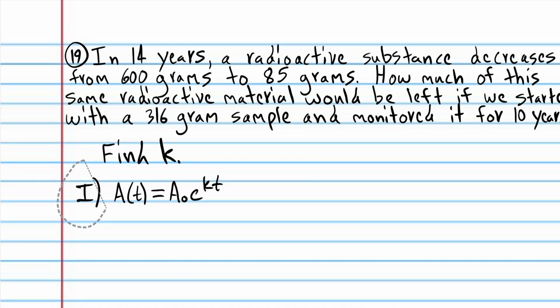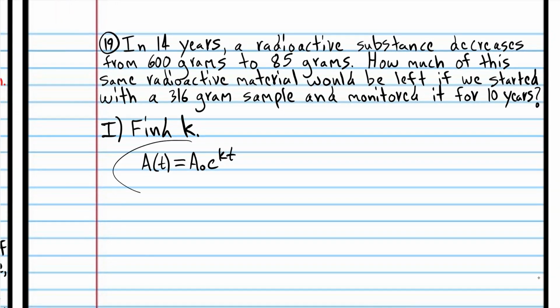So I'm just going to label that part of the problem. So this is the law of uninhibited growth or decay. In this case, it's decay. Radioactivity follows this law. So we're told that in 14 years, a radioactive substance decreases from 600 grams to 85 grams.